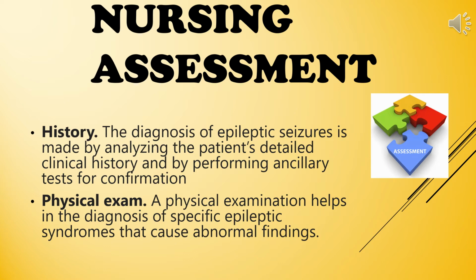And the second assessment will be the physical examination. We all know that physical examination is very important because it helps in the diagnosis of the specific epileptic syndromes that can cause the abnormal findings. Which are the abnormal findings? Such as the neurocutaneous syndrome, such as the cirrhosis, and others.